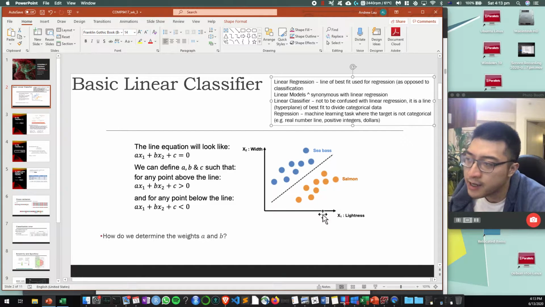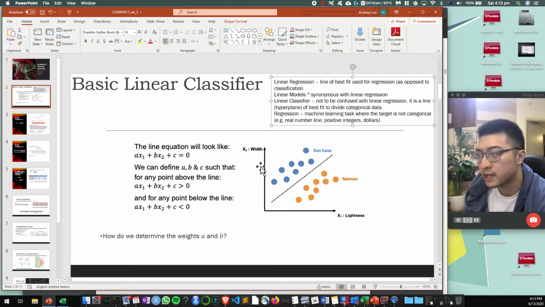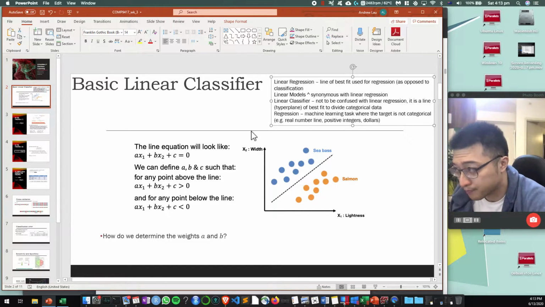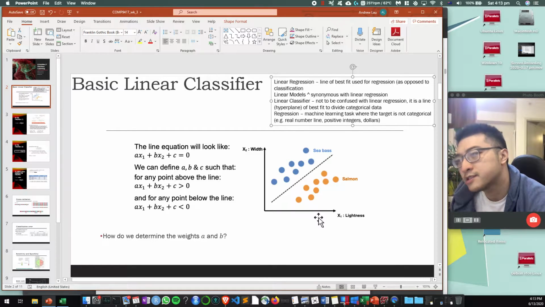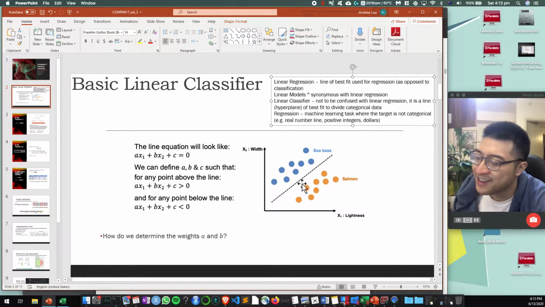It's how light they are, perhaps in terms of the color of the scales, and this would be the width of the fish, right? And you can see a clear pattern here. So these blue guys here are sea bass, one species of fish, and these salmon-colored dot points are salmon.